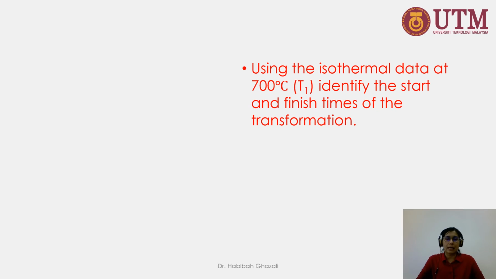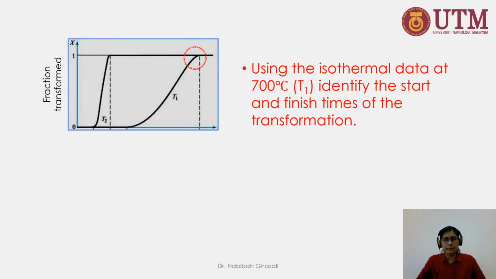So using this isothermal data at 700 degrees Celsius, or here I will call it T1, they will identify the start and the finish time of the transformation. So they will plot this data into the fraction transform versus time graph. Here, at this point, the transformation from austenite begins, and here the transformation from austenite to pearlite, for our previous example, will end.